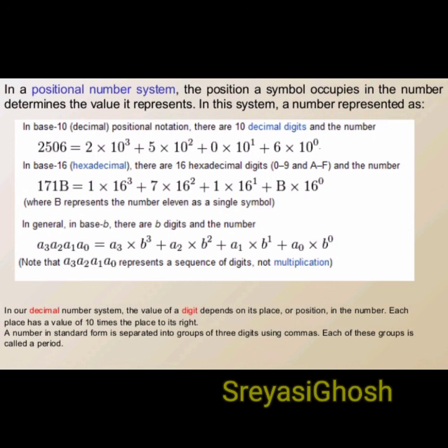See the last line of the example sheet. A3, A2, A1, A0 can be written as A3 into B to the power 3 plus A2 into B to the power 2 plus A1 into B to the power 1 plus A0 into B to the power 0. B to the power 0, or anything to the power 0, is actually 1.